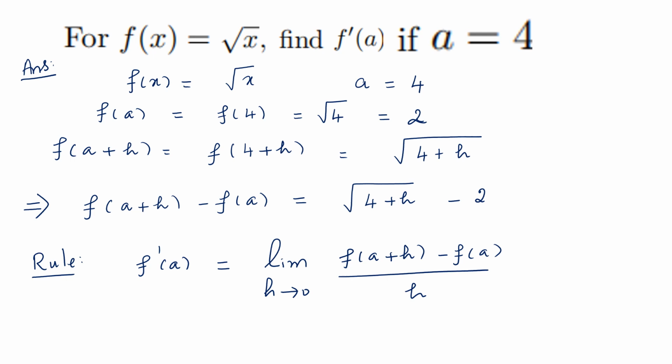Okay, everything we can replace. This gives f dash of 4 equal to limit h tends to 0, f of a plus h minus f of a, square root of 4 plus h minus 2, divided by h.